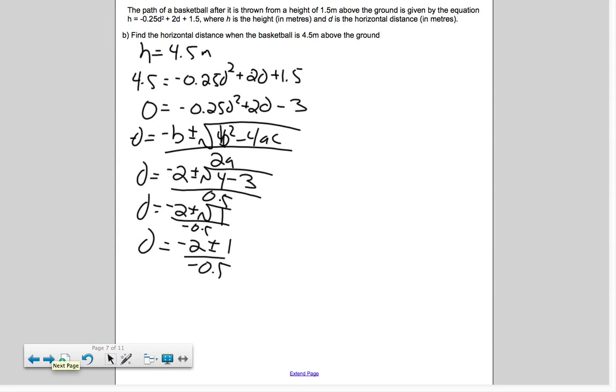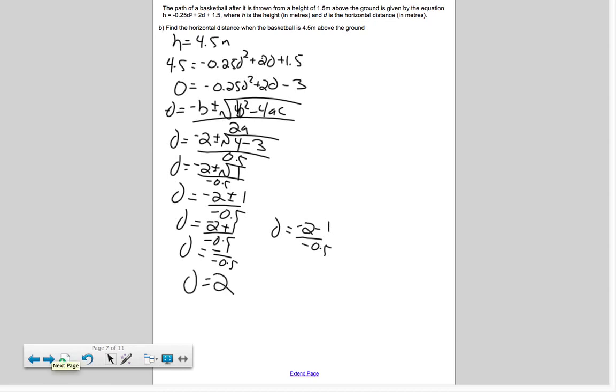Is it right? So d is equal to negative 2 plus 1 over negative 0.5, and d is equal to negative 2 minus 1 over negative 0.5. So here d is equal to negative 1 divided by negative 0.5, so d is going to give me 2.